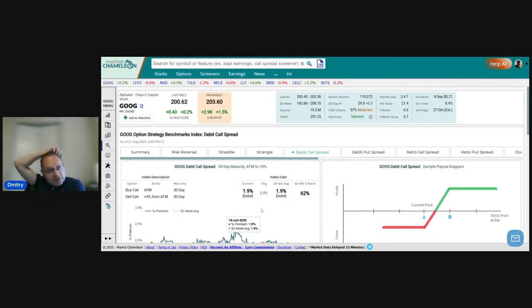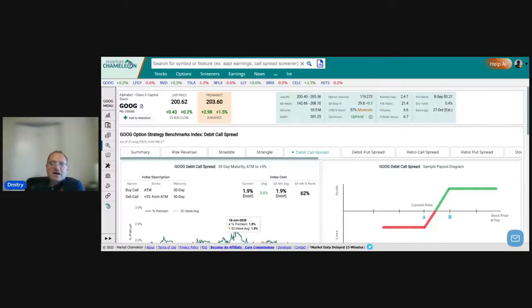So now, by using percentages, we could compare that over time and compare that to other products. We could say, what would be the cost of a SPY call spread or some other.